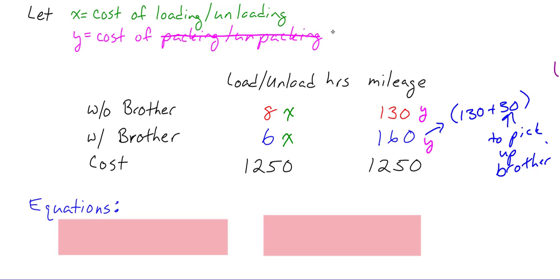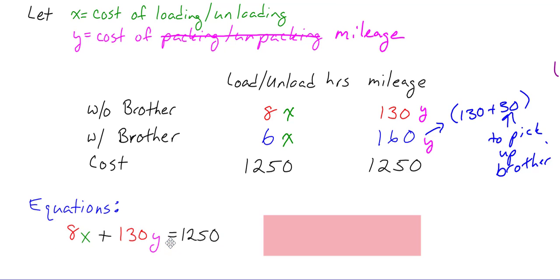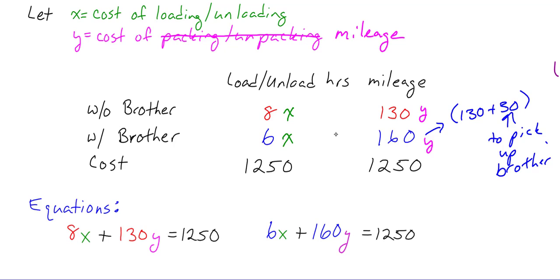So this should be mileage. Okay. So our two equations are 8x plus 130y equals 1,250. And the other equation is 6x plus 160y equals 1,250.